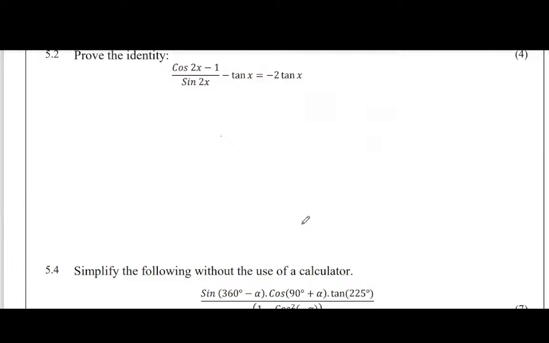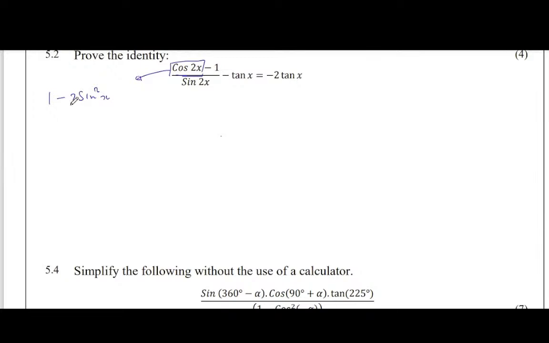So it's always advisable to start from a side that is having more terms or more information, and you work towards getting to the side that is having less information. So how can I express this cos 2x? Remember, there are 3 ways of doing that, but I'll choose the one of the sine. So this cos 2x is the same as 1 minus 2 sine squared x.